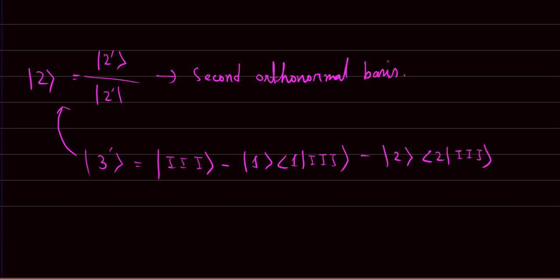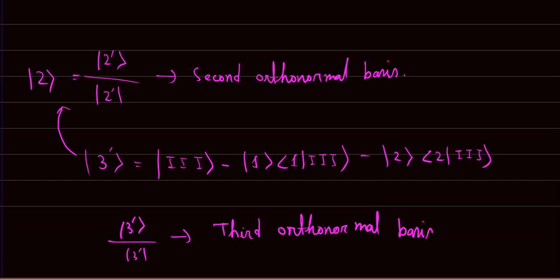And if we again divide this vector by its norm, it will give us our third orthonormal basis. So this is the way that we can actually find out orthonormal basis from any independent basis vectors.